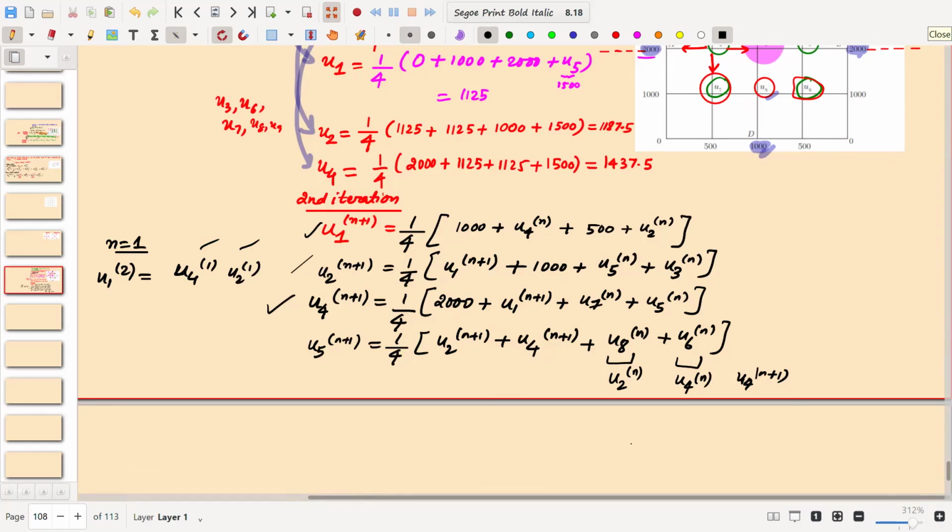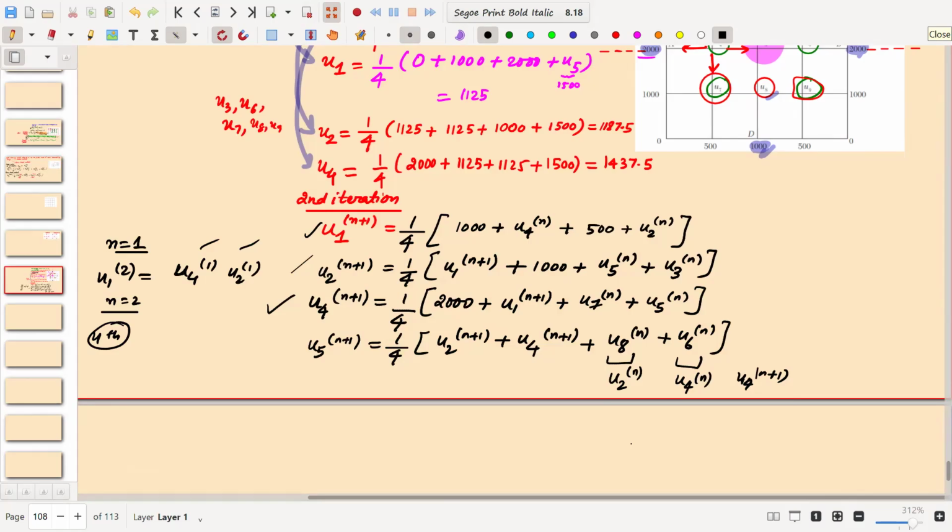Got the idea? You can get the second iteration. Similarly, you can compute the third iteration now. For the third iteration, put n is equal to 2, then you will get u1 of 3. Do till the fourth iteration.